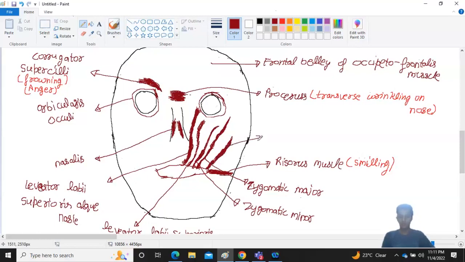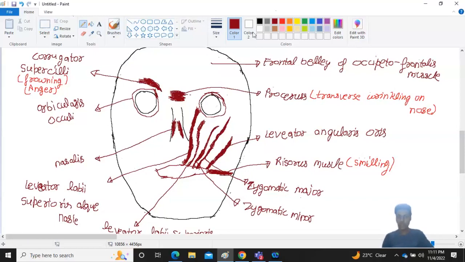This muscle is called levator anguli oris. Remember, these are the muscles near the mouth, so these are the muscles of mouth.